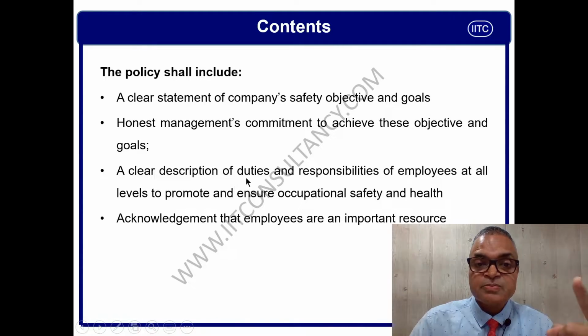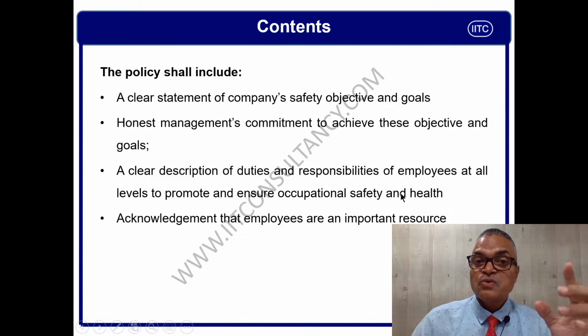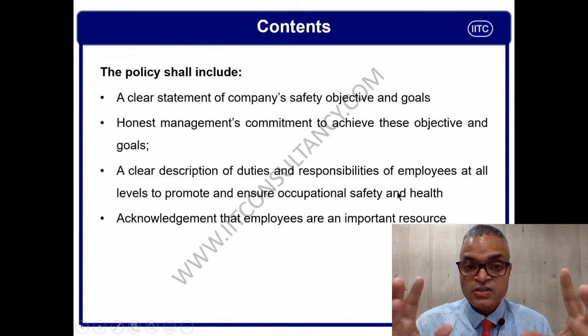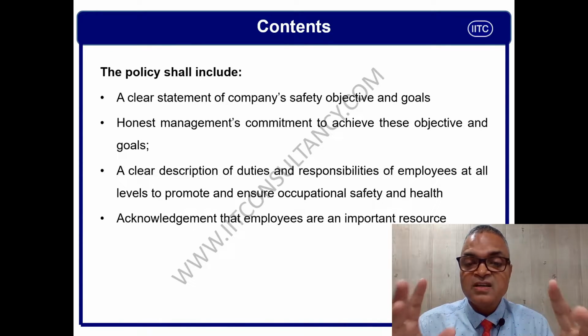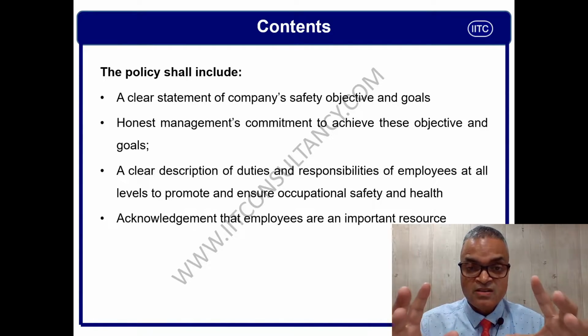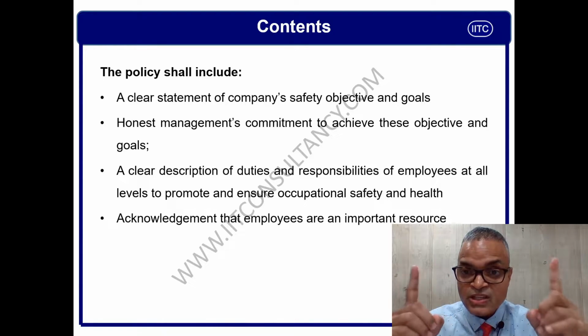Then a clear description of the duties and responsibilities of employees at every level to promote and ensure occupational safety and health. Once we have a policy, there should be an organization structure where we clearly define everyone's roles and responsibilities, so that everyone is familiar with them and follows them, and that is how the company will be able to achieve its safety objectives and goals.